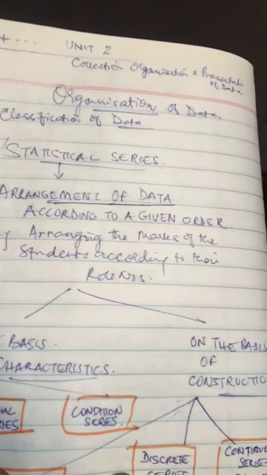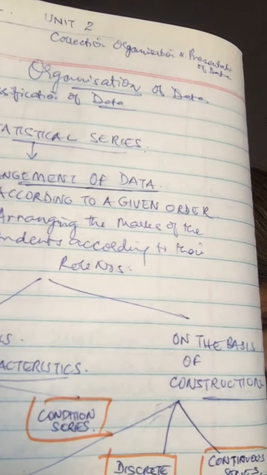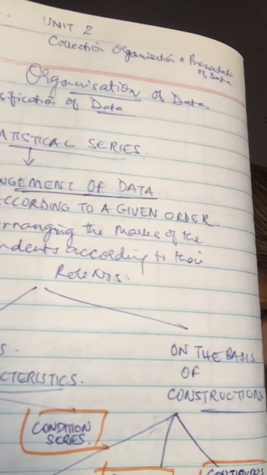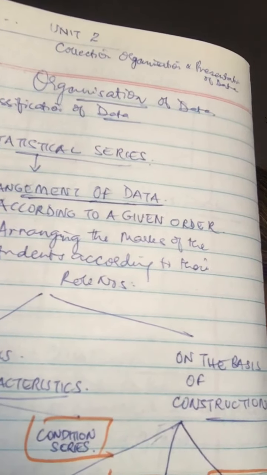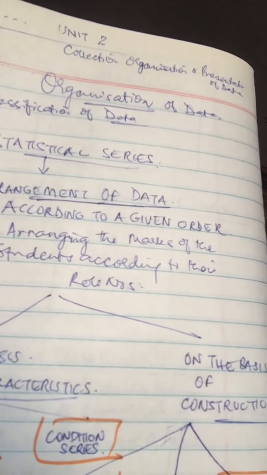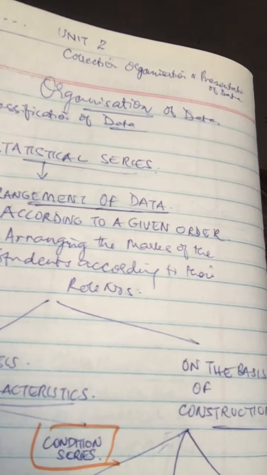This is statistical series. What is a statistical series? That is when we convert the raw data into some organized form, or we classify it into what is known as statistical series.